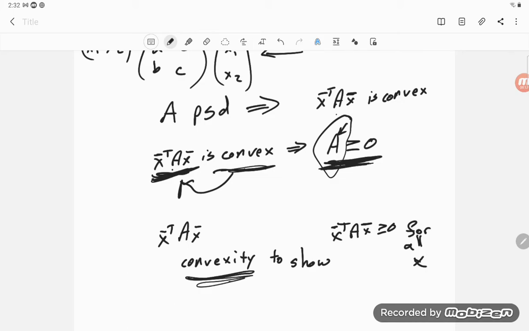Because that is then the definition of positive semi-definite. And so even though it uses that multiplication to get that condition, positive semi-definiteness is only about the matrix A. And I think that's where you're getting confused.